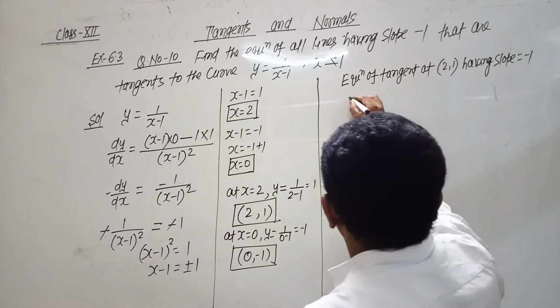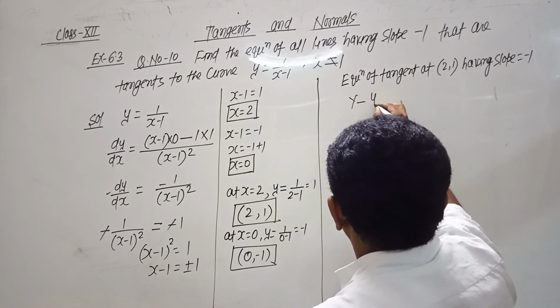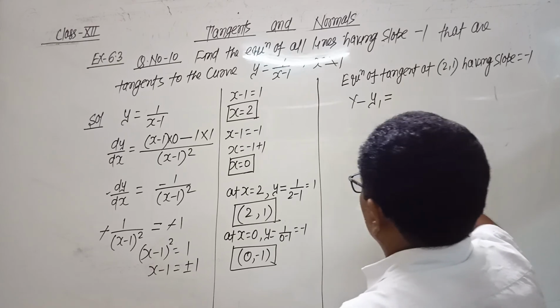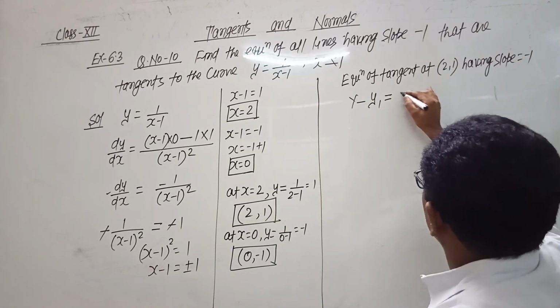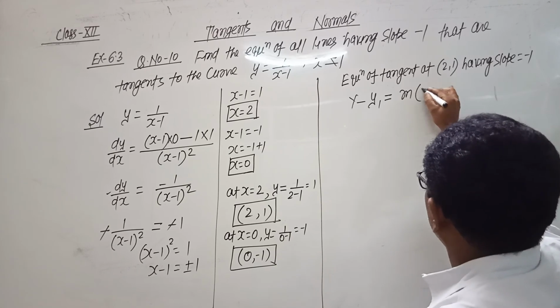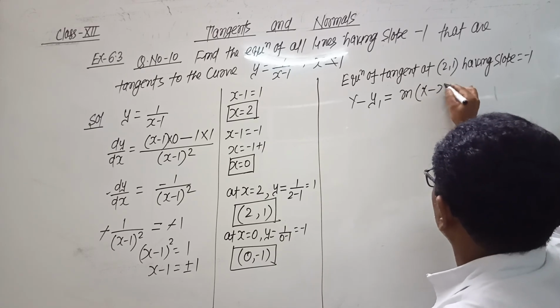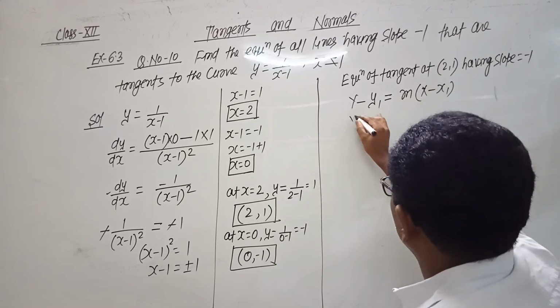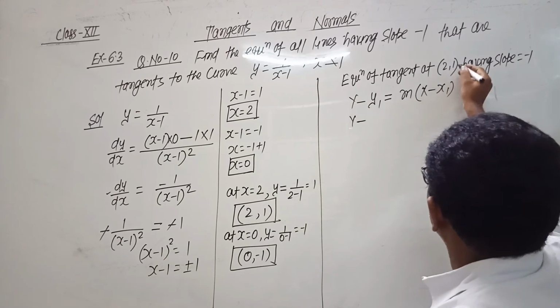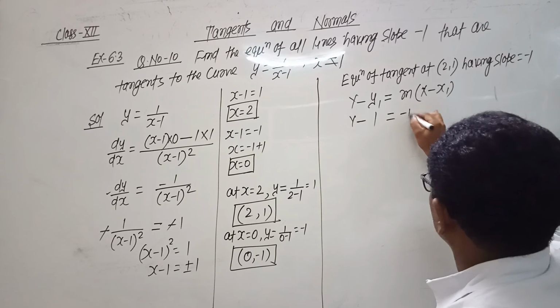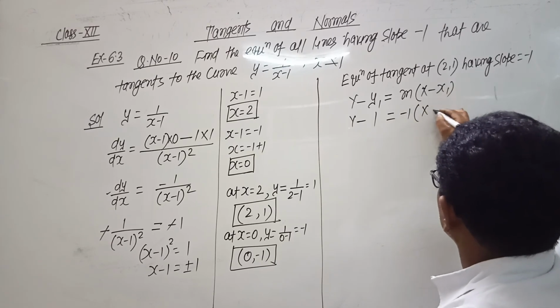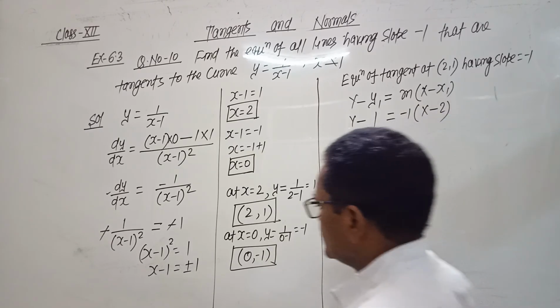The formula for the equation of tangent is y minus y1 equals dy by dx, or slope m, times x minus x1. The value of y1 is 1, the slope we take is minus 1, and the value of x1 is 2.